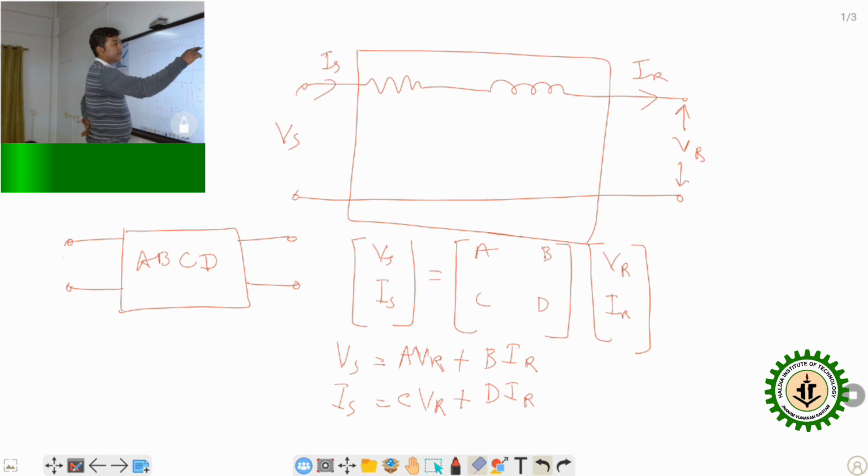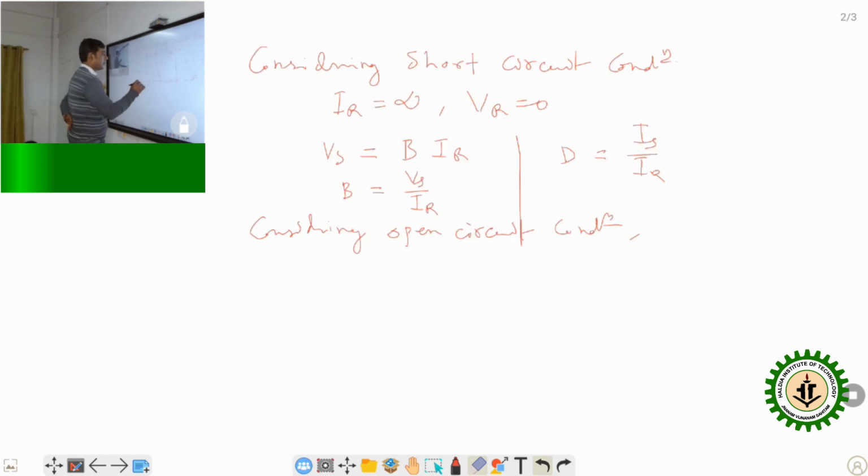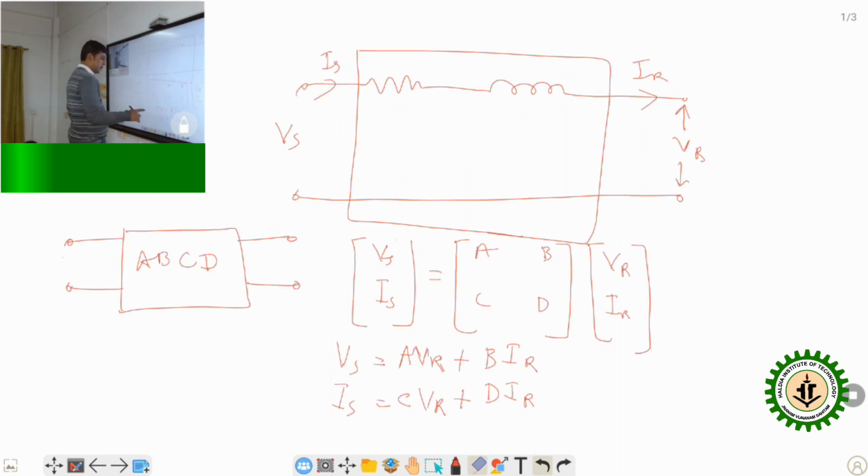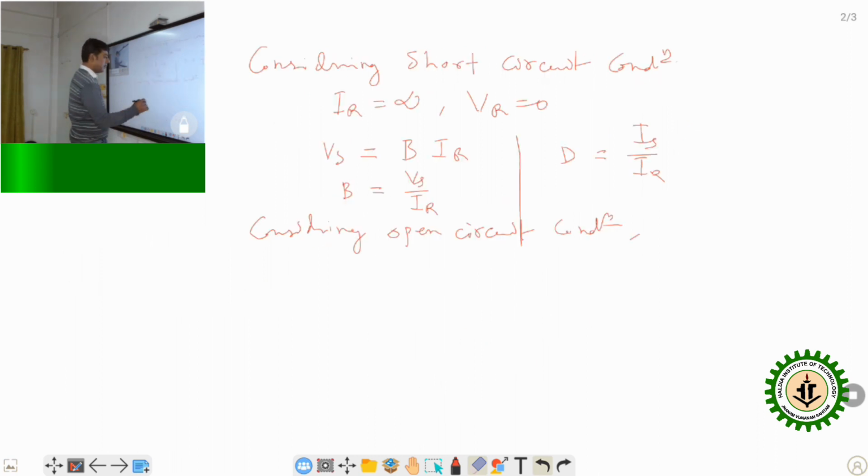The IR will get 0, but VR will exist. So from this equation, if IR is 0, I can write A equal to Vs divided by VR.